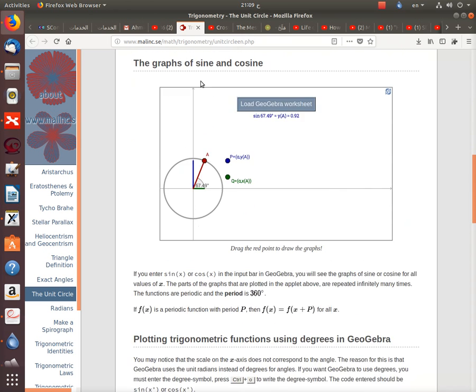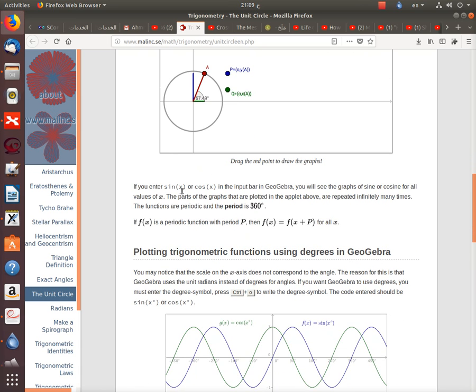So the graph of sine and cosine here, if you enter sine x or cosine x, when you read here, you have to look at the graph. Every sentence you read, or every piece of sentence you read, you have to look at the graph. He says if you enter sine x and cosine x, is there sine x and cosine x? It's not here yet. So he's trying to define for you sine x and cosine x.